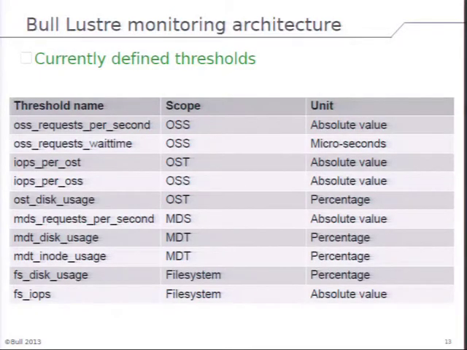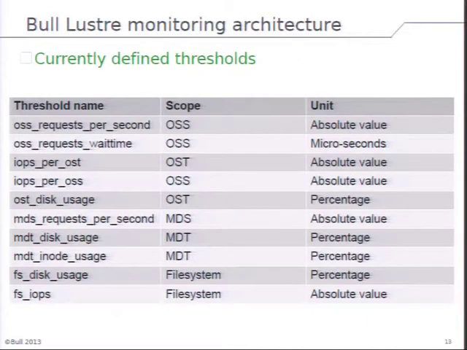So here is a list of the thresholds we have defined currently. The thresholds are a bit of an image of the metrics that we collect. Some check targets information, other ones the node information, and a few of them are checking for file system metrics, like the FS IOPS or FS disk usage.